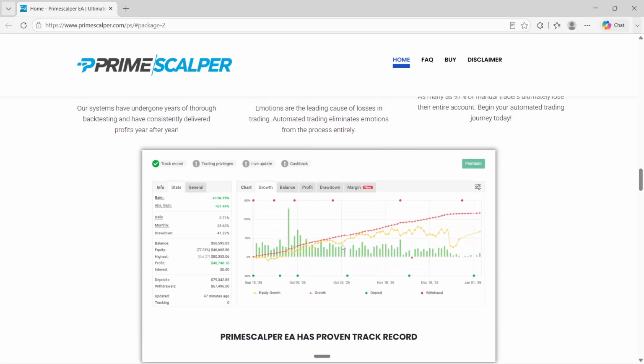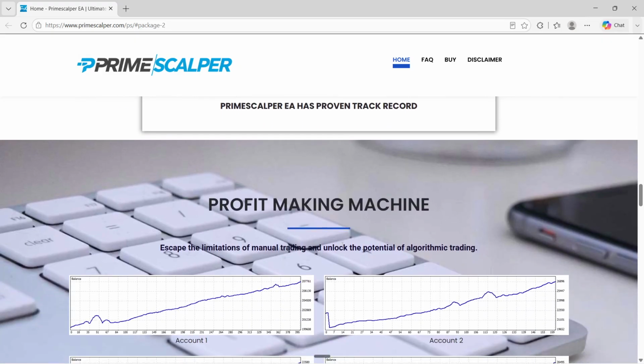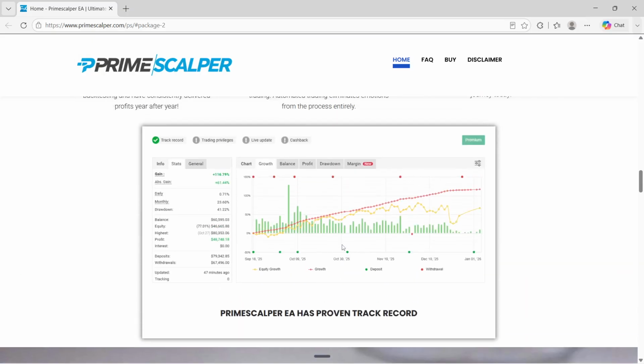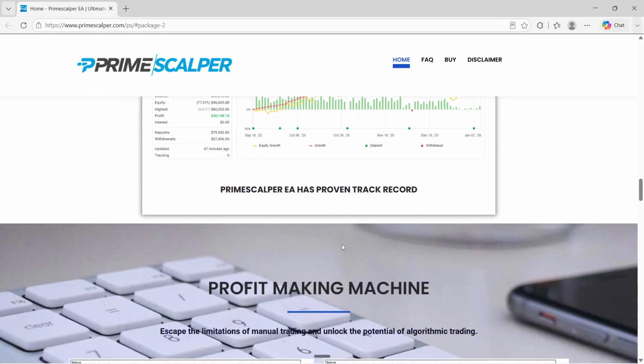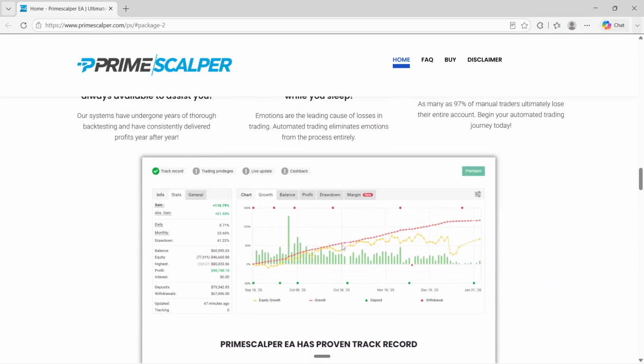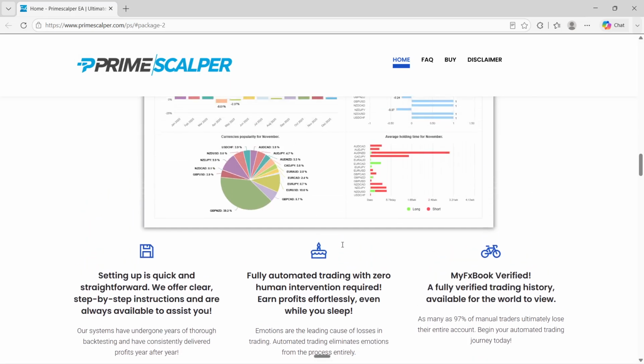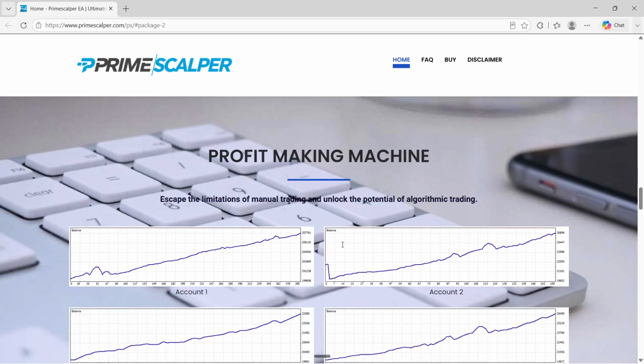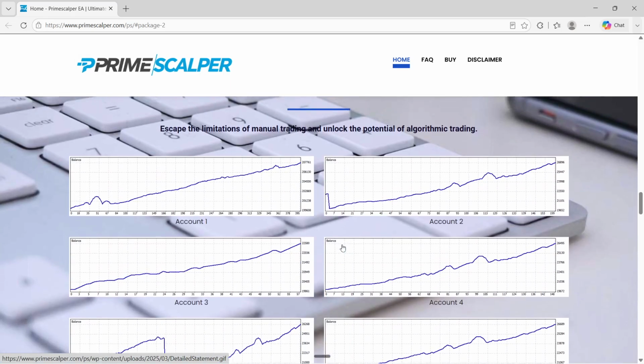It looks pretty solid, but of course, we always have to take what we have on the website with a pinch of salt, as performance in live markets can greatly differ from what we have from the developer.